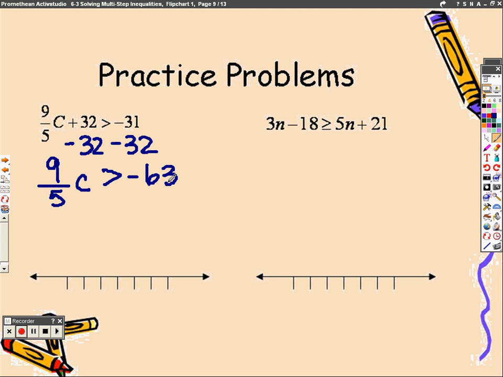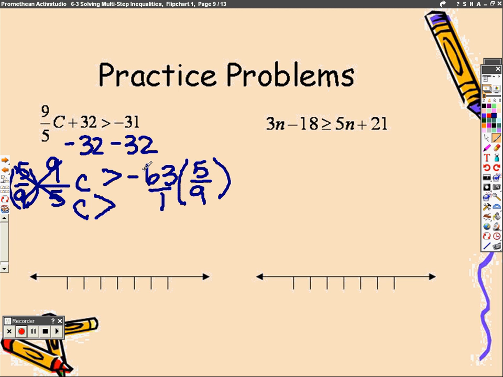Now, to undo this fraction, we're going to multiply by the reciprocal, 5/9, and what we do to one side we have to do to the other side. Okay, the fractions cancel one another out, and we end up with c is greater than negative 35.